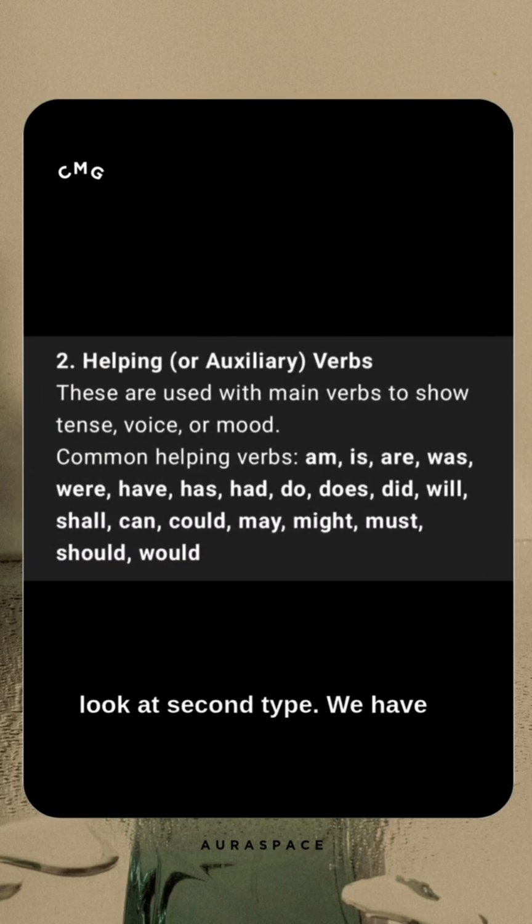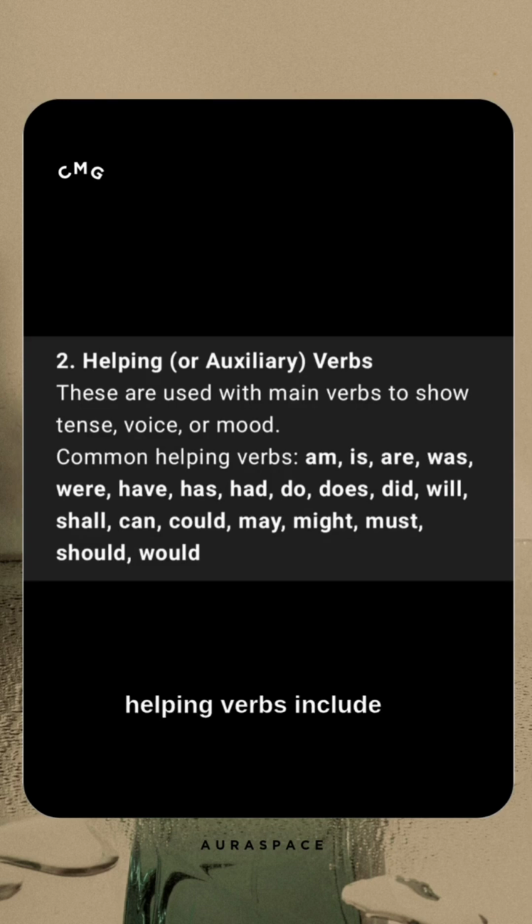Let's look at the second type. We have the helping or auxiliary verbs. These are used with the main verbs to show tense, voice, or mood. Don't worry, we will talk more about these terms later.